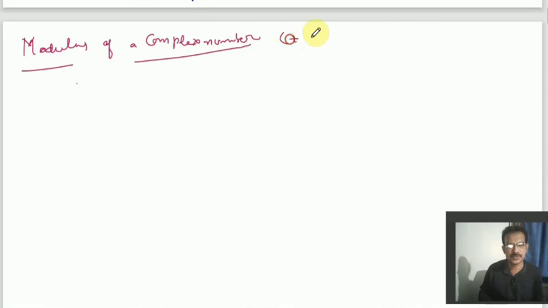Suppose z is a complex number, z is equal to alpha plus i beta. Modulus of z is the distance from the origin to the point. It is denoted with two vertical lines, with z written between them.